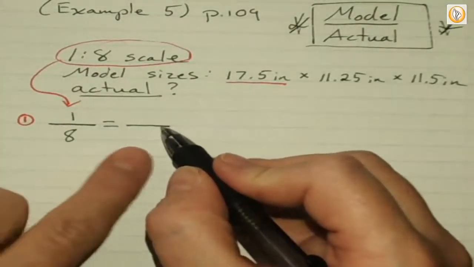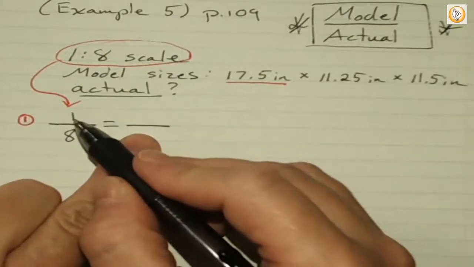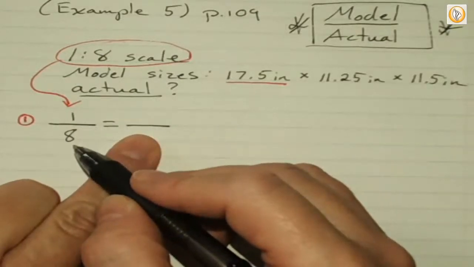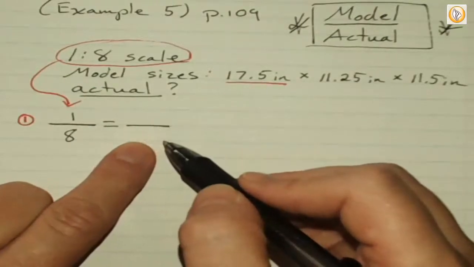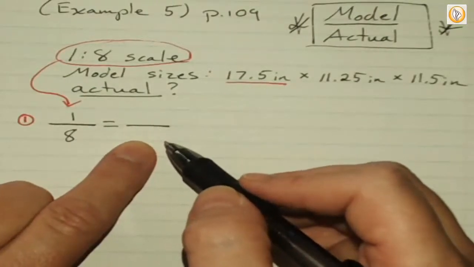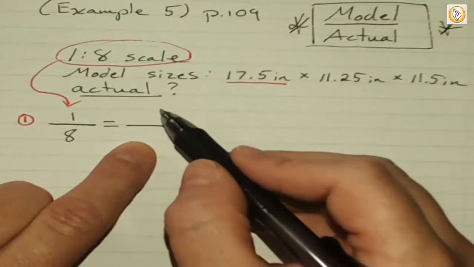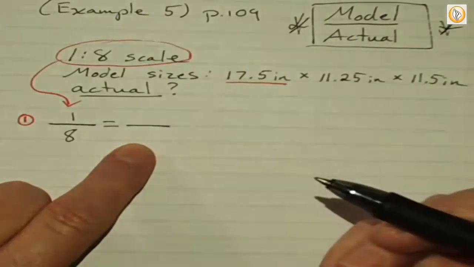The second one, 1/8. So 17.5, does it go on top or bottom? Raise your hand. Thank you, Emily.